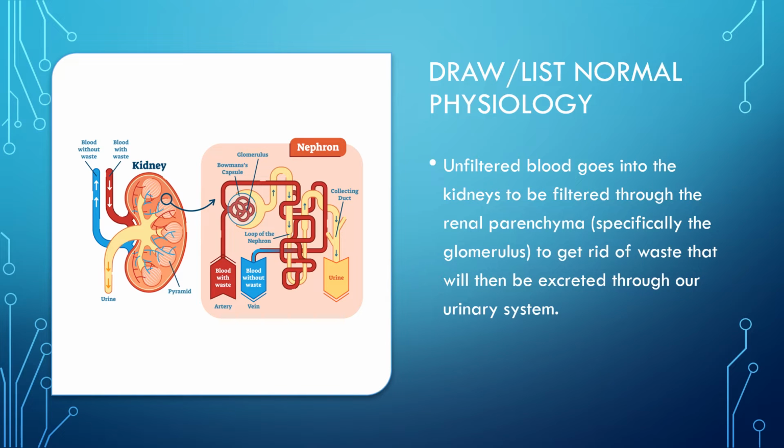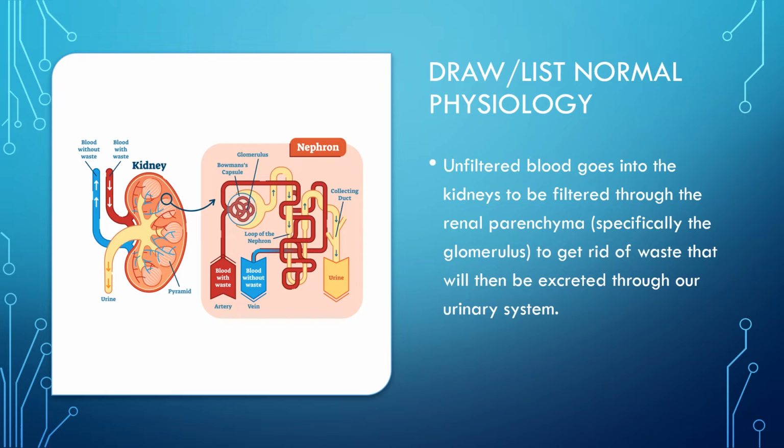So to kind of list out how your kidney should work, unfiltered blood goes into the kidneys to be filtered through your renal parenchyma, specifically the glomerulus, to get rid of waste that will then be excreted through our urinary system. So if you look in the picture to the right, you'll see that unfiltered blood goes into the kidney, and specifically it goes into your renal parenchyma that has your glomerulus in it.